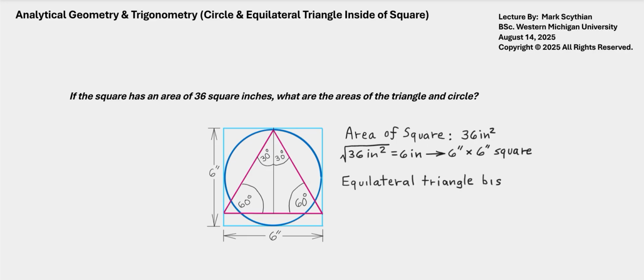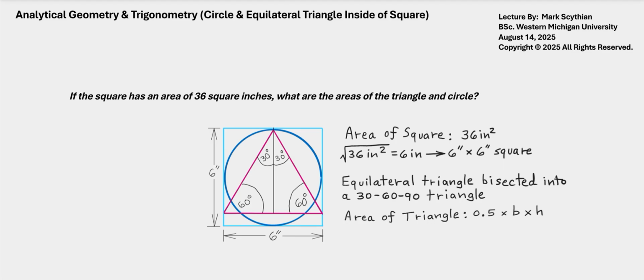So equilateral triangle bisected into two 30, 60, 90 triangles, or a 30, 60, 90 triangle per side.